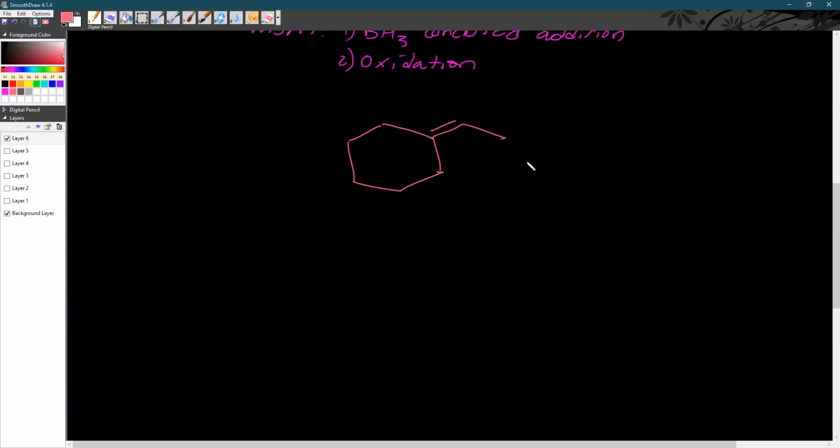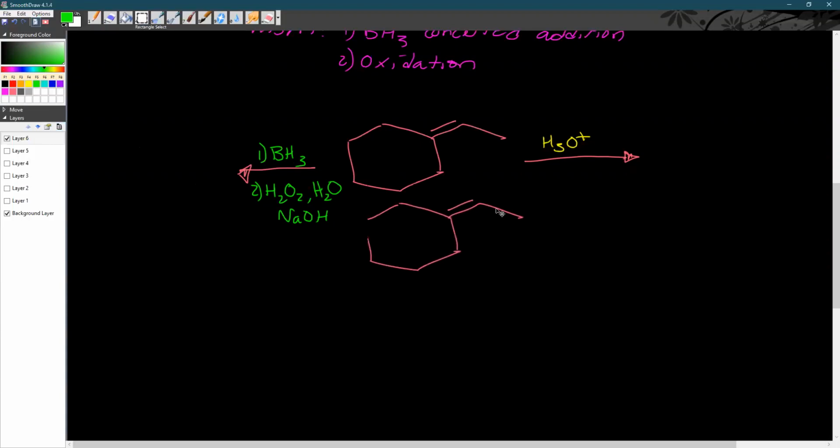Let's say that we have this, and reacting through this pathway, we're going to be adding H3O plus, and through this pathway, we're going to be adding borane in the first step, and in the second step, we're going to be using H2O2, H2O with sodium hydroxide. All right, now let's figure out what our products would be.